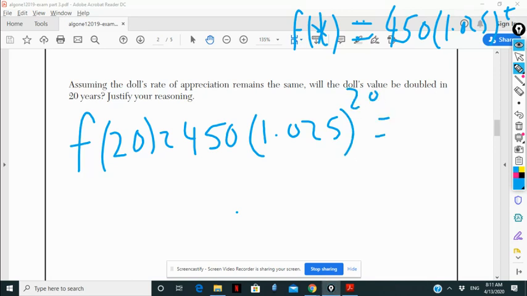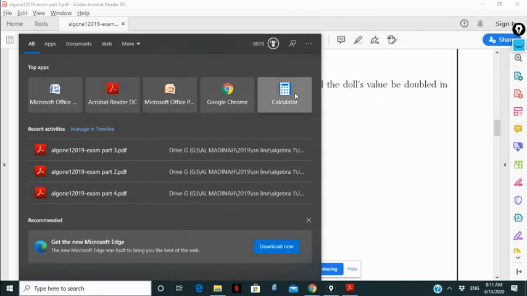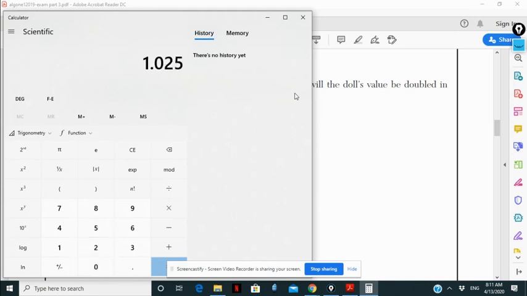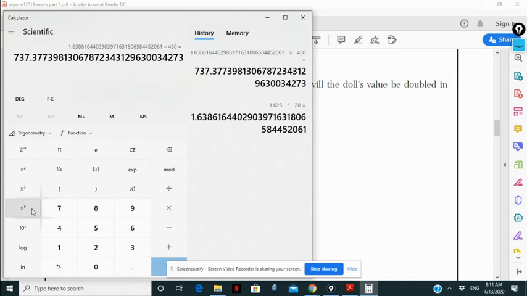On the calculator, 1.025 to the power 20 times 450 gives me 737.38.